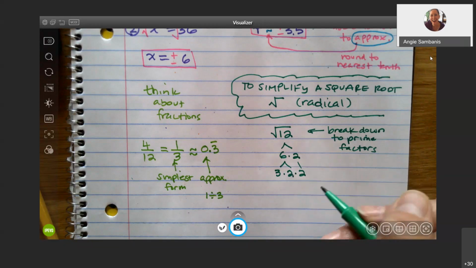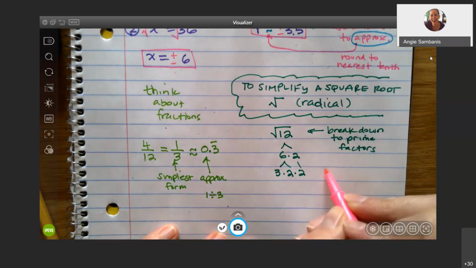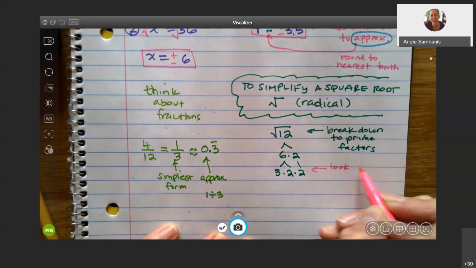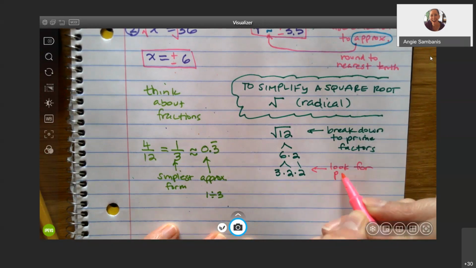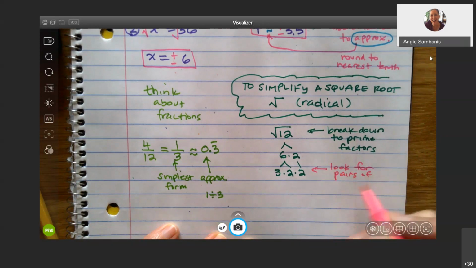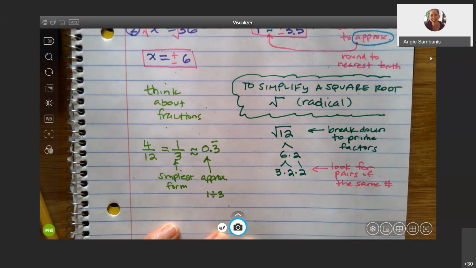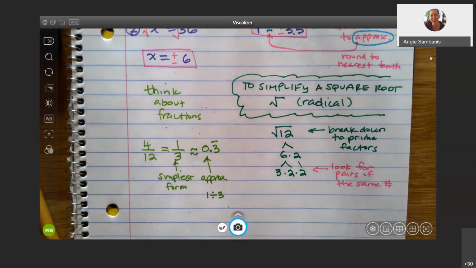And we're going to look for pairs of numbers because every pair represents a perfect square. No, 1 and 12 will not work. 1 and 12 does work, but we're trying to break it down to its prime factors.